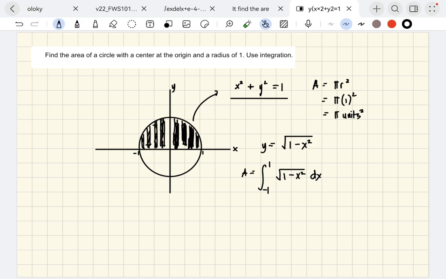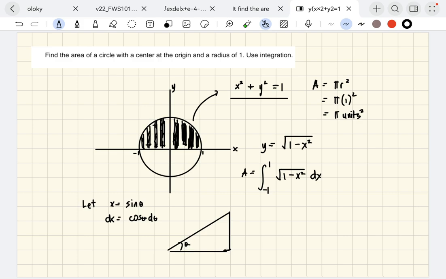And I can solve that using trigonometric substitution. So let's try to solve that. Let x be equal to sine theta, and then get the derivative. That would be cosine theta d theta. Now we can write our triangle to do our trigonometric substitution.